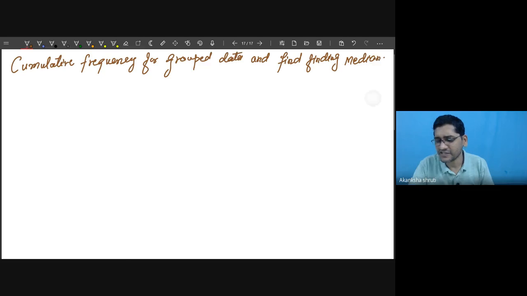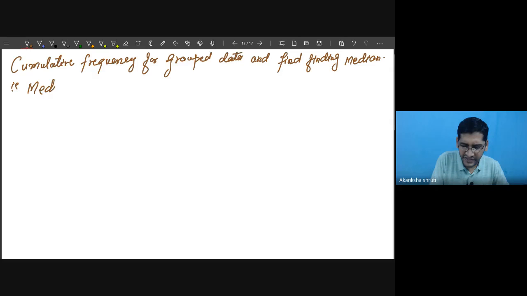The topic is our median for grouped data. How to calculate the median for grouped data?